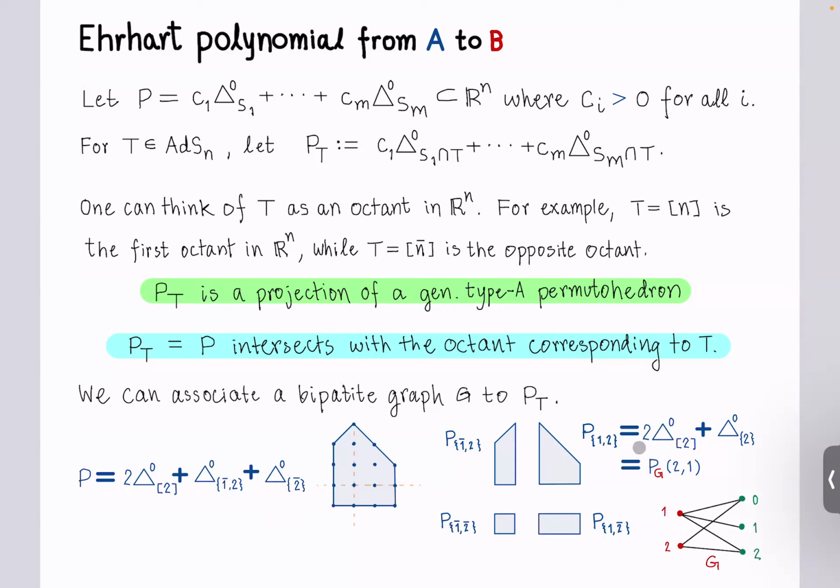And you can check that P_{1,2} is equal to this when you intersect this set {1, 2} with these three sets. It turned out to be equal to this P_G, where G is this bipartite graph. So you can associate a bipartite graph G to every P_T, because now P_T is a generalized type A permutohedron. Right? So you can do that. Any question about this?